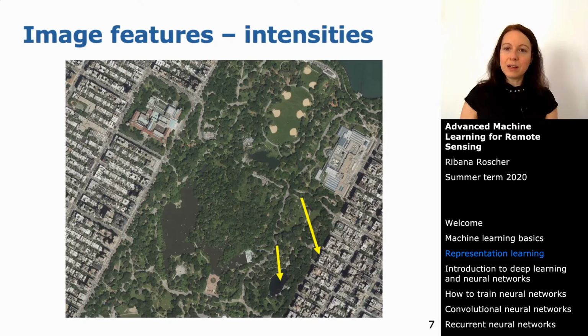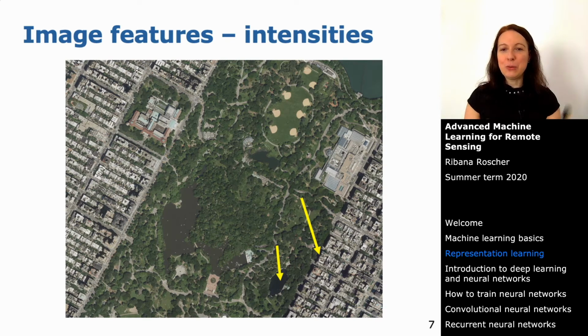And let's have a look at this image, and I will show you why this kind of features mostly is not enough. So when you have a look at these two regions where these yellow arrows point to, you can see a lake or a small sea, a small lake, and a shadow.